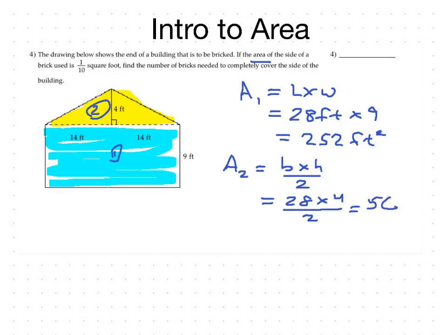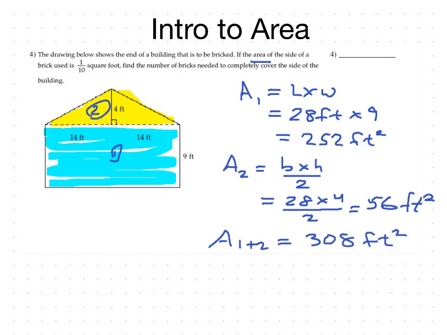You could have done 14 times 4 divided by 2 and got 28, and another 28, and added them together. You're still going to get 56 square feet for the total of the triangle. Now the area for everything, 1 plus 2, is the grand total of 252 and 56, which is 308 square feet.